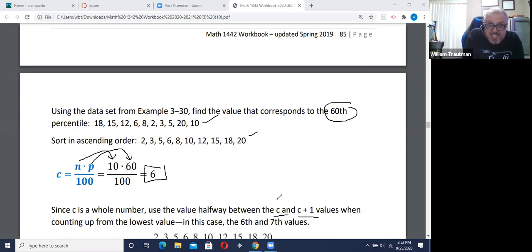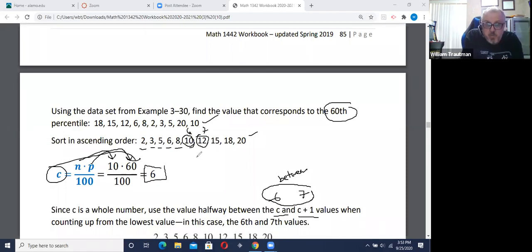C is 6, and 6 plus 1 is 7. So our answer is between the 6th and 7th piece of data. The answer is between these two.